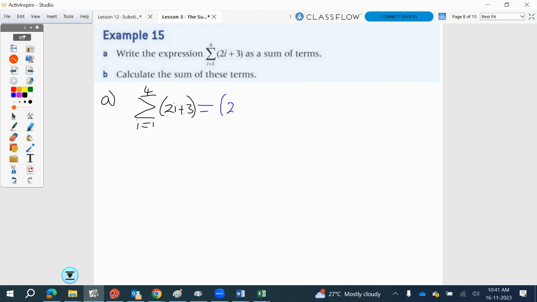So we take this formula, we insert a 1, and then we repeat. We add the next one. What will the new value of i be? 2. So we have 2 bracket 2 plus 3, and then we add the next value, which is 3, and then the next, which is 4. Why do we stop at 4? Because there's a 4 on top of the sigma. Why do we start at 1? Because it shows that i is 1.